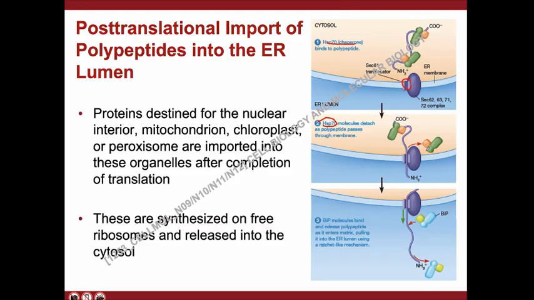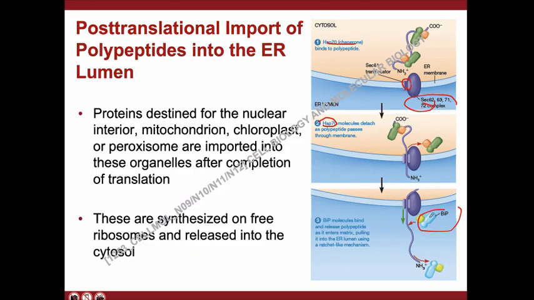And then we have a complex of ER membrane proteins, the SEC62, 63, 71, and 72 complex. This complex is associated with your SEC61 core, and it recruits the BiP, our resident chaperone in the ER.